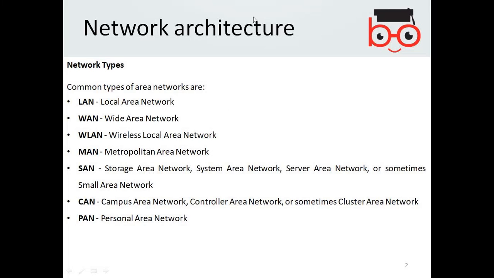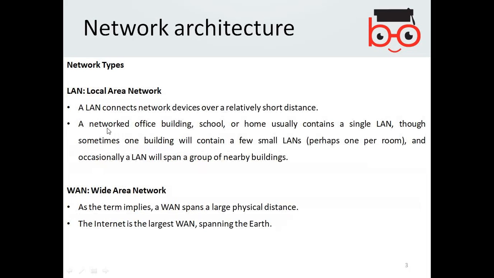Network architecture that you will be proposing to your client, and obviously you have a wide variety of network types like LAN, WAN, WLAN, MAN, SAN, CAN, PAN. We have already discussed these types of networks in previous slides, and then depending on the requirement, you can propose to your clients the use of a particular type of network, and each network obviously has certain advantages and disadvantages.